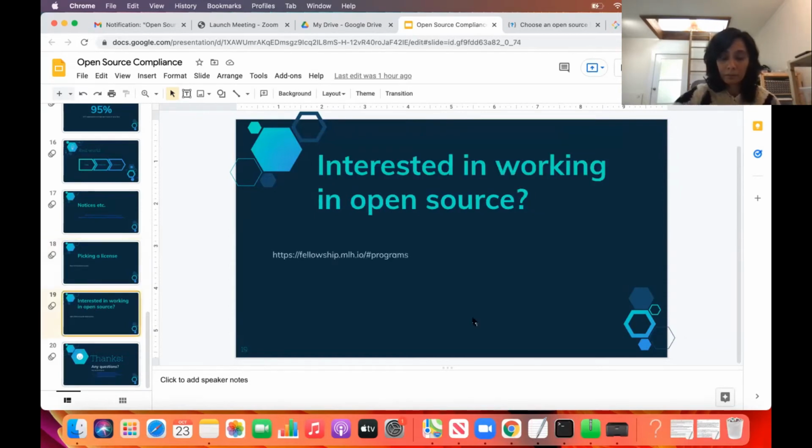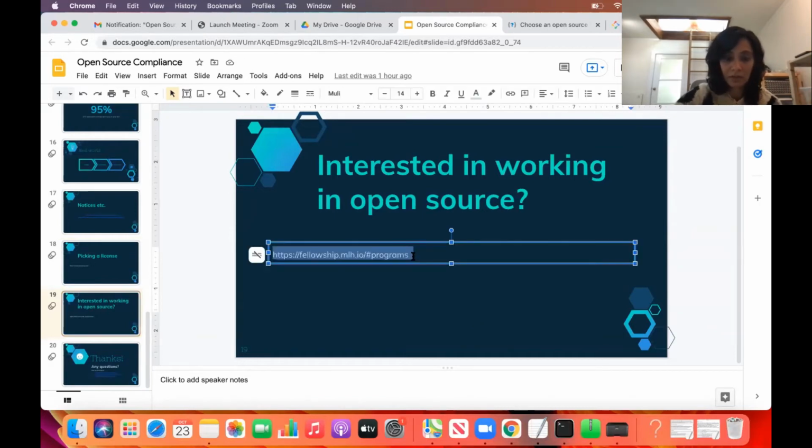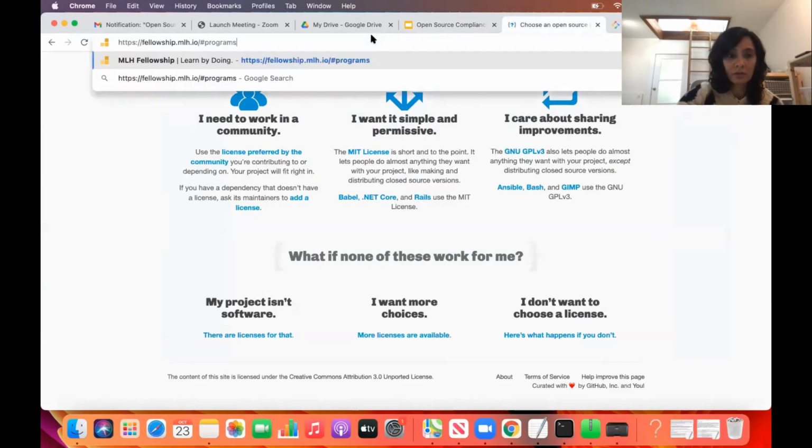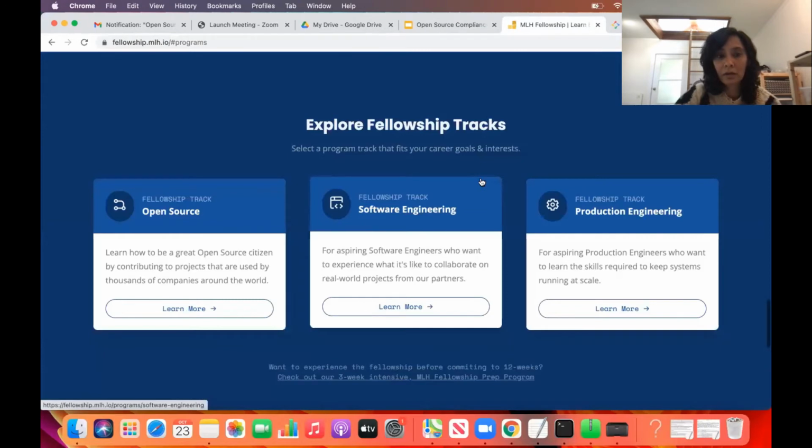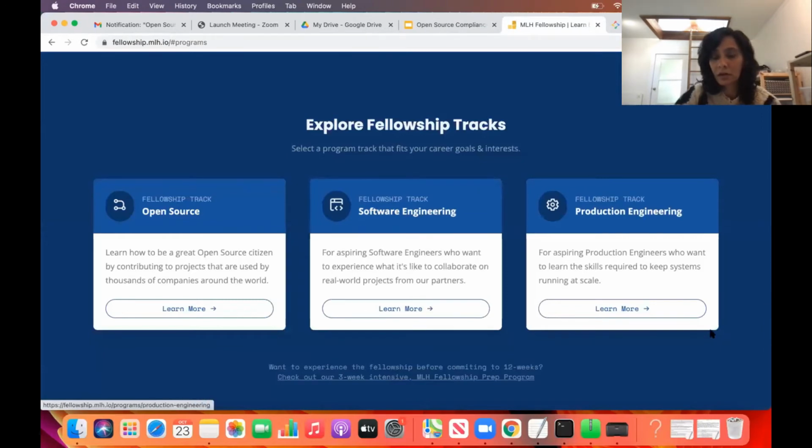So there is this, I'm not sure if you guys have seen it, maybe you have, but I work with some of the people who started this MLH Fellowship, which has internships for open source, right? And it's, I think, a 12-week internship or something like that.